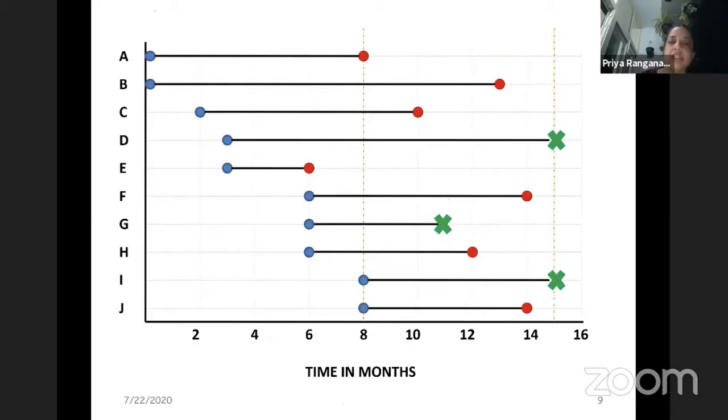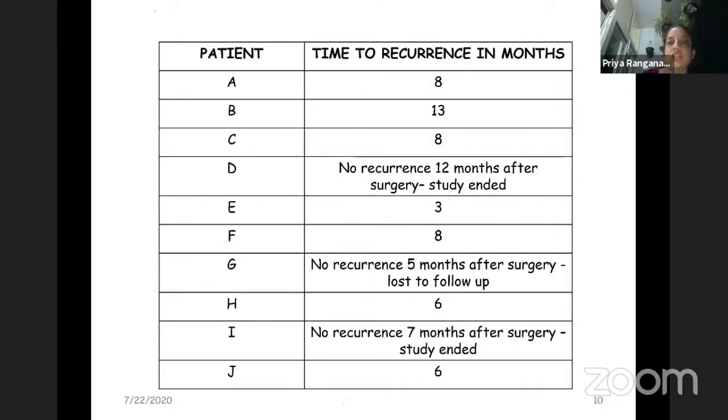So you can look at patient D and patient I who reached the end of the study period but did not experience the recurrence. Patient G was followed up for 5 months after surgery and was then lost to follow-up. So this is what the chart would actually look like. You would have numbers for some patients who had the recurrence, but for other patients, you would have incomplete data.